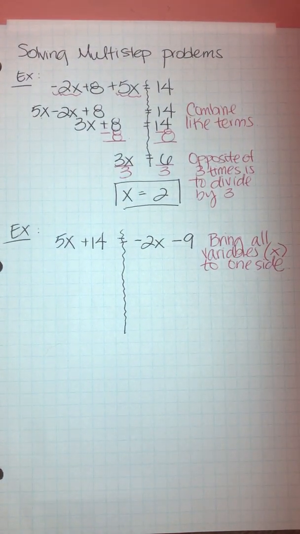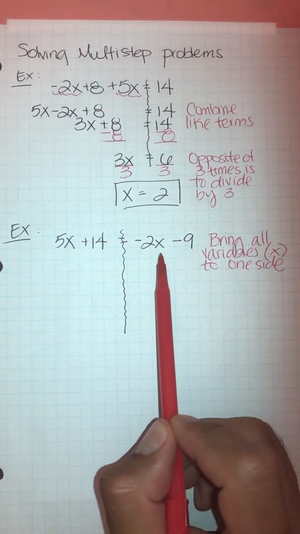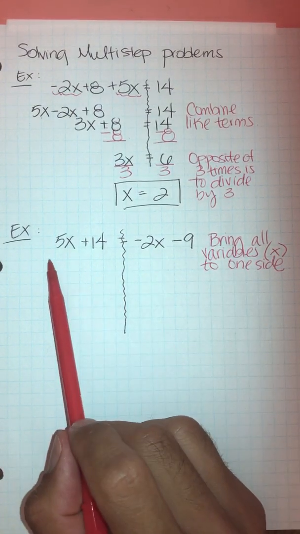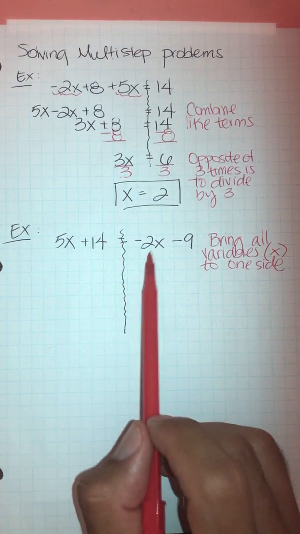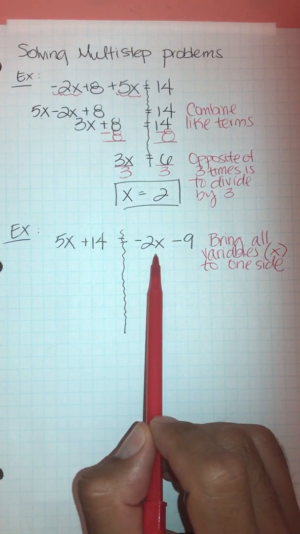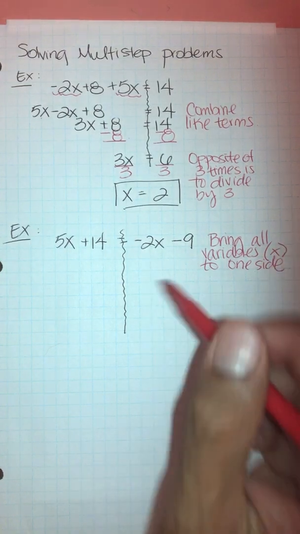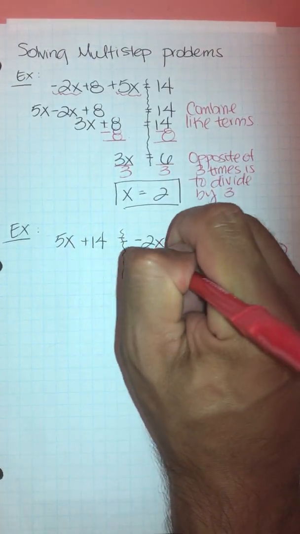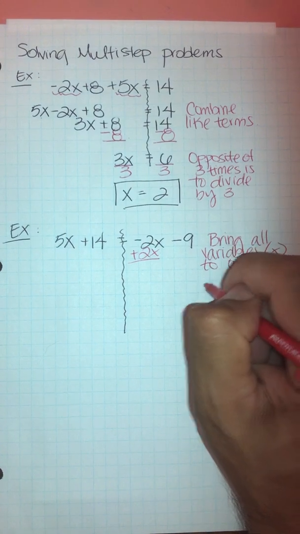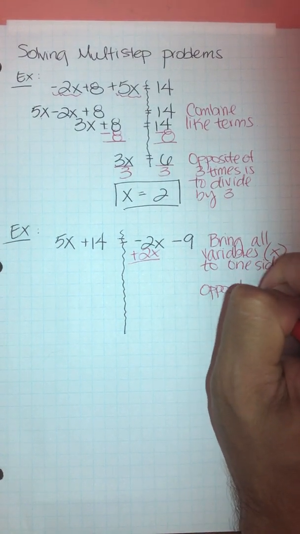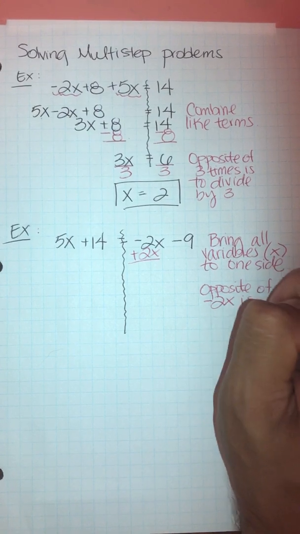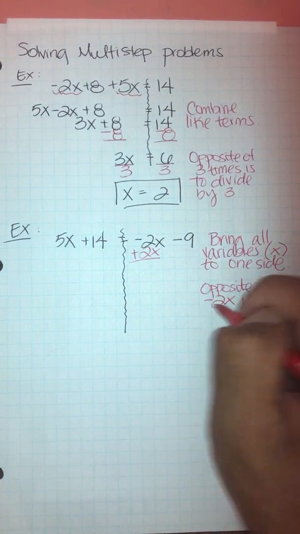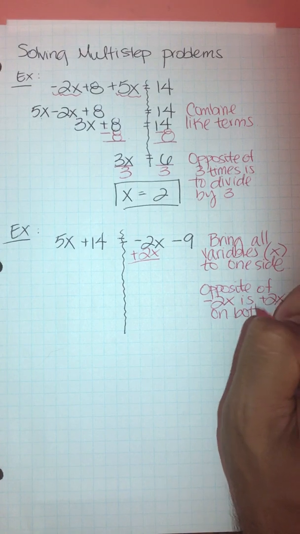Now, I like to always, ladies and gentlemen, take from the left and go to the right. Okay? Once again, from the left to the right. I want to get rid of this negative 2x. The opposite of minus 2x is to say plus 2x. Opposite of minus 2x is plus 2x on both sides.